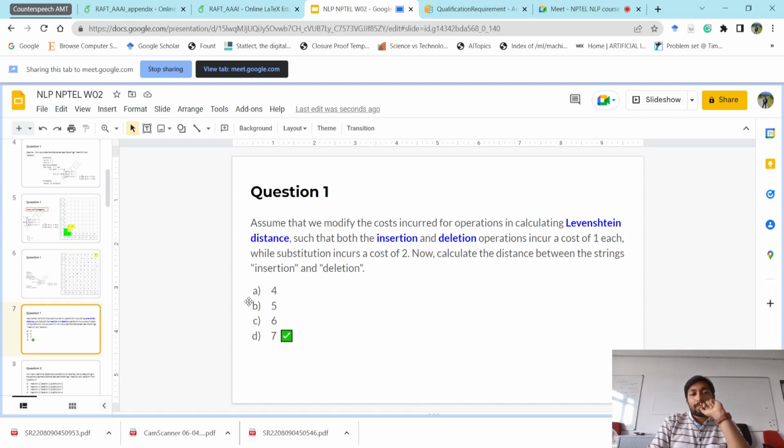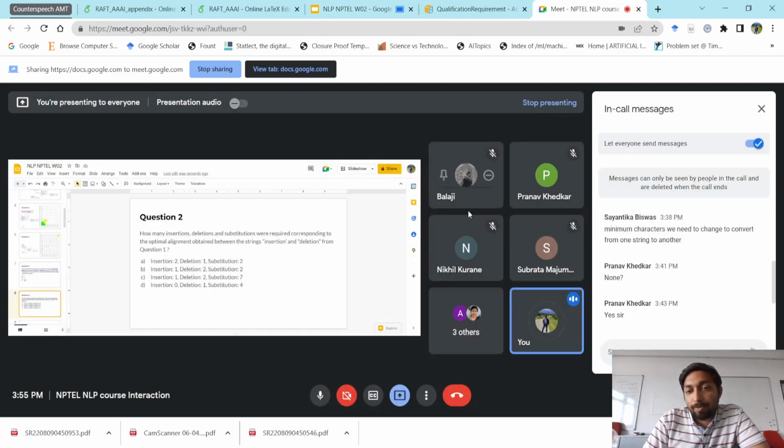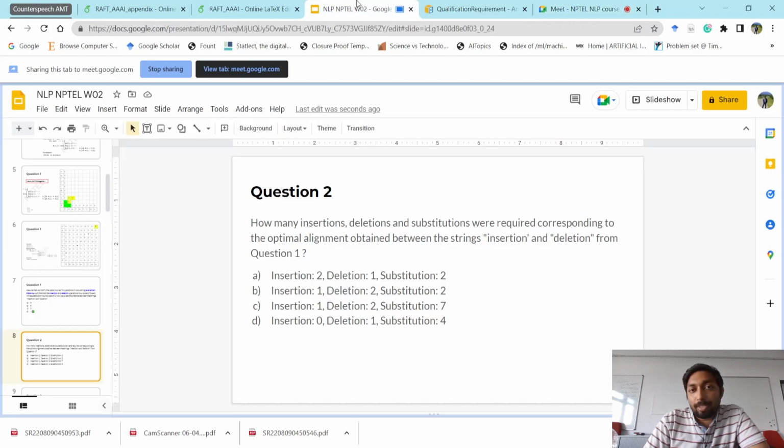Okay, moving on. This question is also pretty much along the same lines, but here, yeah, so this is done. So next is how many insertions, deletions, and substitutions were required corresponding to the optimal alignment obtained between the strings in question 1. So after solving question 1, we found that 7 is the minimum distance, right?